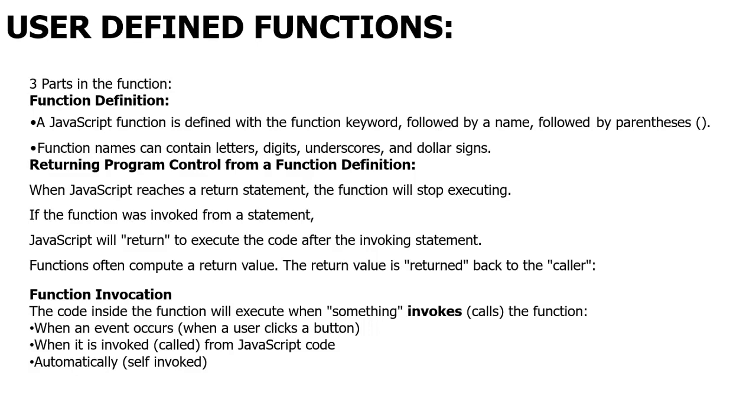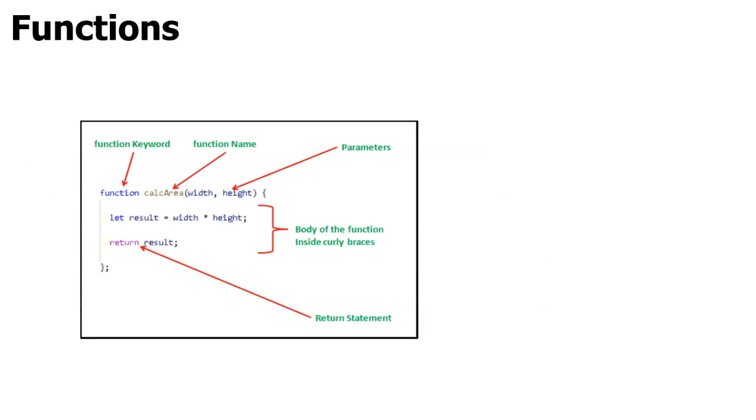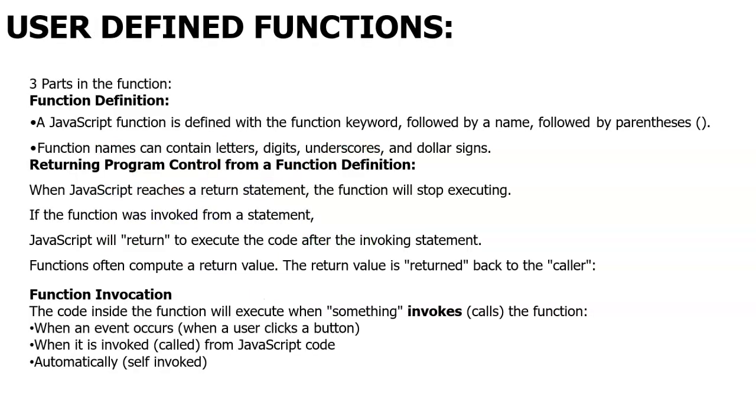Then comes returning the program control from the function. When I said we write a small piece of code, when you call that code, it will execute. It keeps executing until it reaches the return statement of that function. That is called returning program control from a function definition.